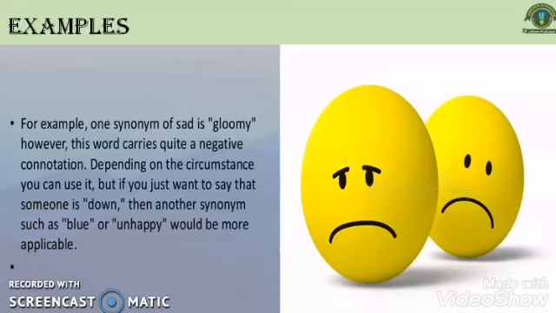Same like that, another example is on your screen, that gloomy is one form of sad. Instead of this one, you can also say down, unhappy, or blue.